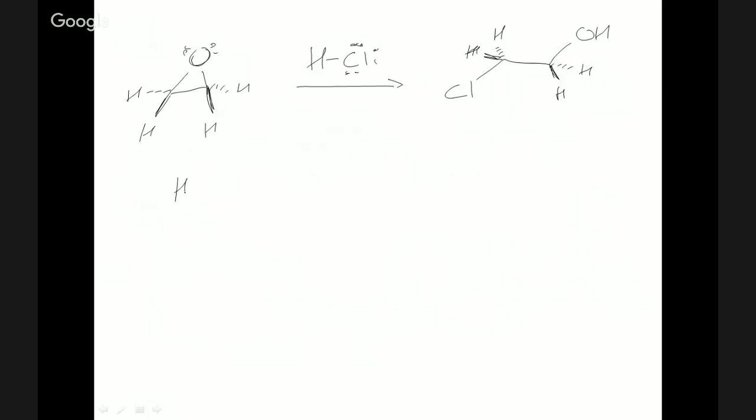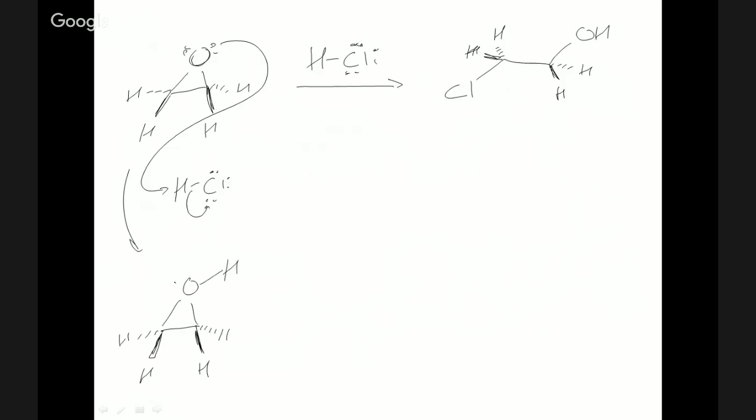Let's look at this mechanism. Same idea. You have an ether and a strong acid that's going to protonate the ether. In this case, it's a cyclic ether. It's epoxide. So now we have a dissociated HCl. That's protonation.